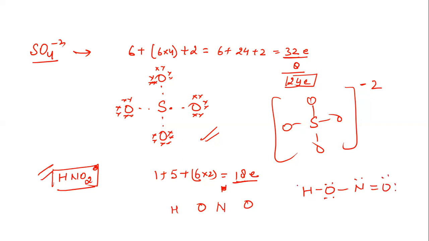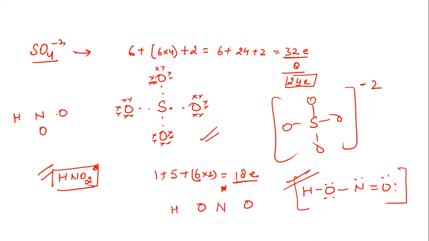Sir, I think I got it. I put H on the left, then N in the middle, and on the bottom I put O. Then O on the right also.